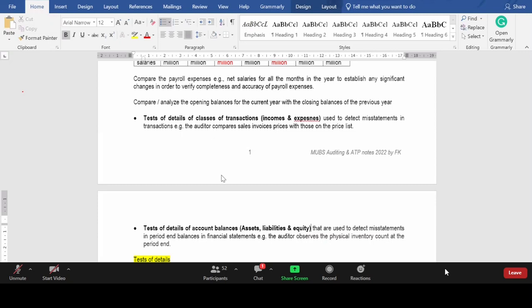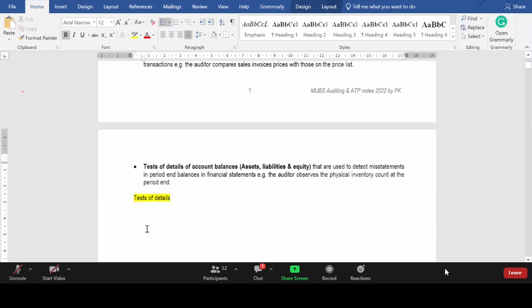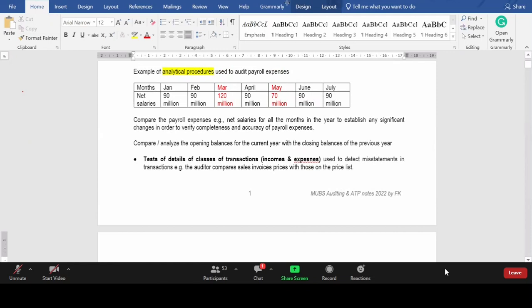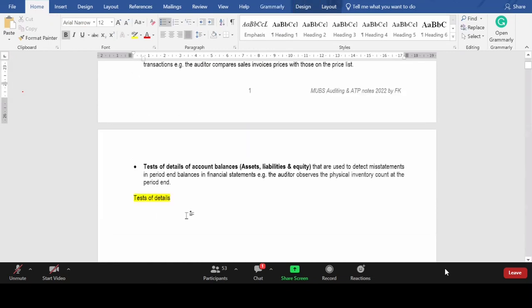So how do we test these details after comparison? Now, what do we expect? We expect that there could be overstatements or understatements. So the first test we can run here, this is number 2.